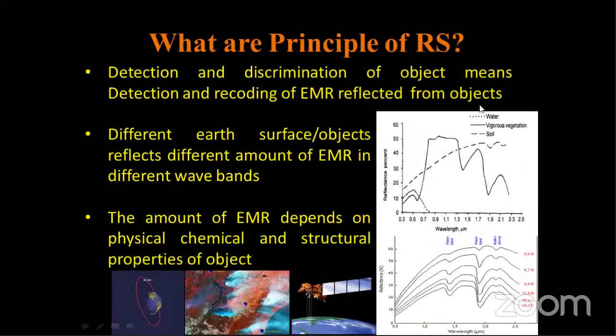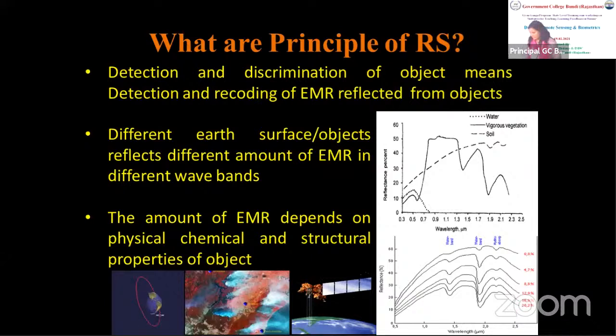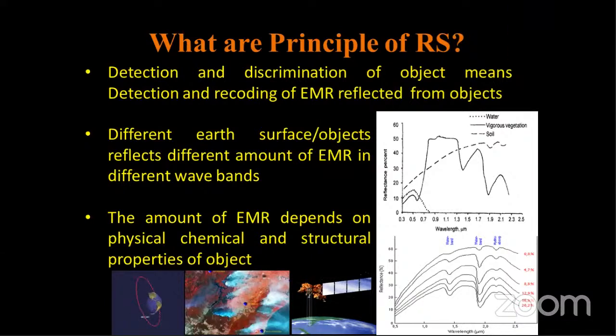Now come to the principle of remote sensing. What exactly happens when we see remote sensing as a science, and how remote sensing is actually done when it is a matter of vegetation science. There are basically three principles of remote sensing.